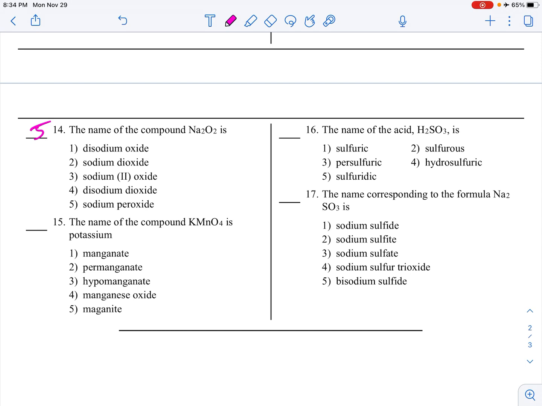This is actually when oxygen uses a -1 charge, because that's the only thing it can do, since sodium can only do +1. So that's a weird one. That's an exception to the rule of oxygen only having a -2. It has a -1 here. So I don't think I'm going to test you on that.